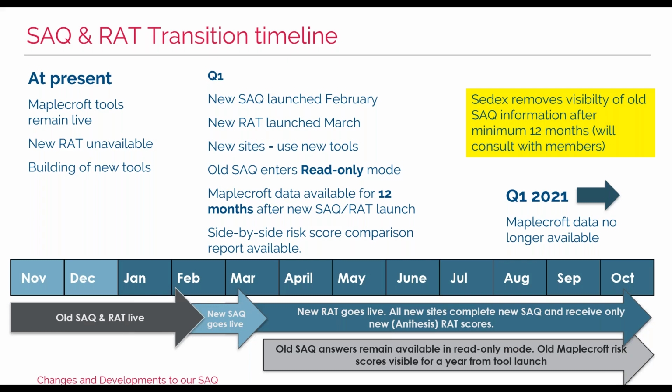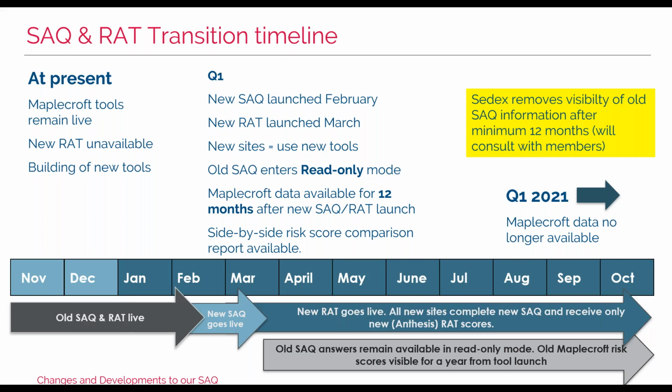And again, the old risk assessment tool will enter read-only mode. And from March 2020, you will be able to begin using some of the reports that Tom showed you, particularly the ones that don't rely on SAQ information. Obviously they will be ready to go from the beginning.